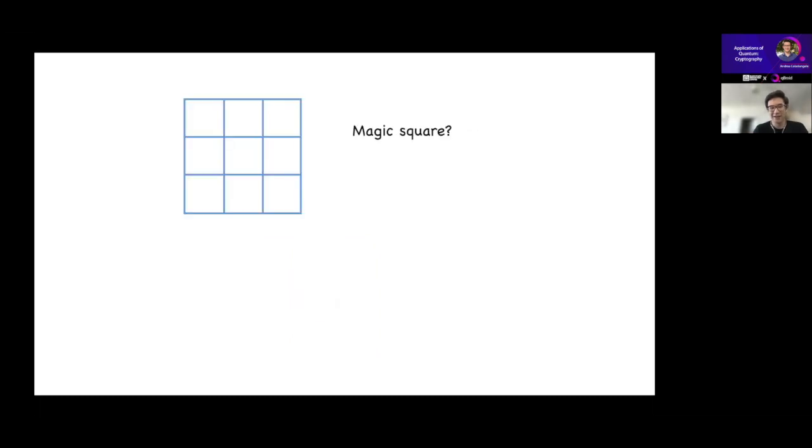The way to see this is that if such a square existed, then we could sum all of the 9 entries of the square row by row, and we would deduce that the parity of all the entries is odd plus odd plus odd, which is odd. If we instead sum the 9 entries column by column, we would deduce that the parity is even plus even plus even, which is even.